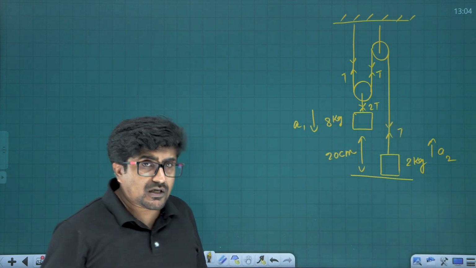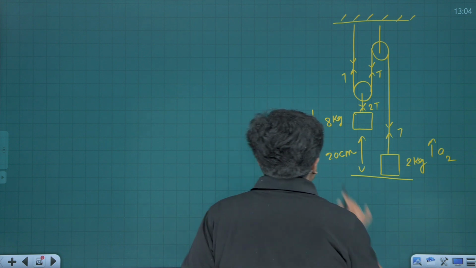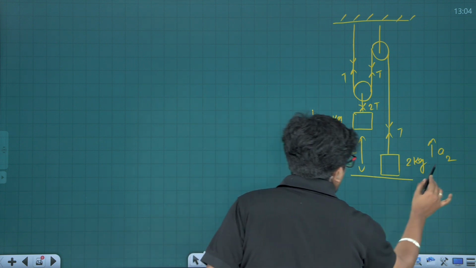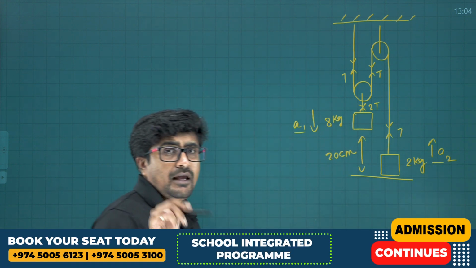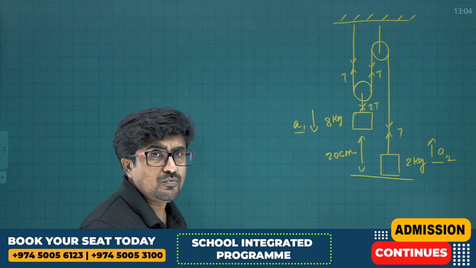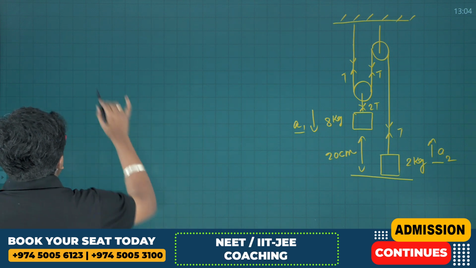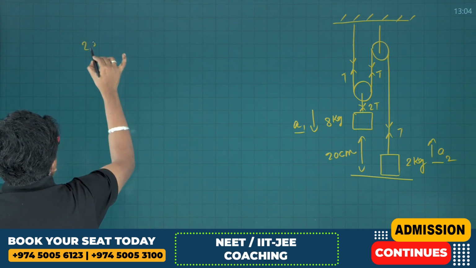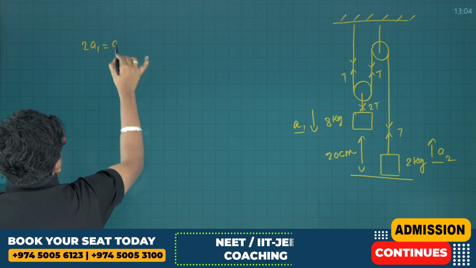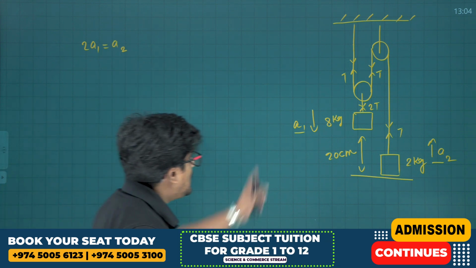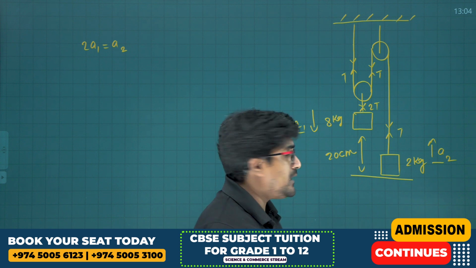Now from the constraint relation we can get the relation between A1 and A2. That relation is 2 times A1 is going to be A2. I repeat, 2 times A1 is A2.